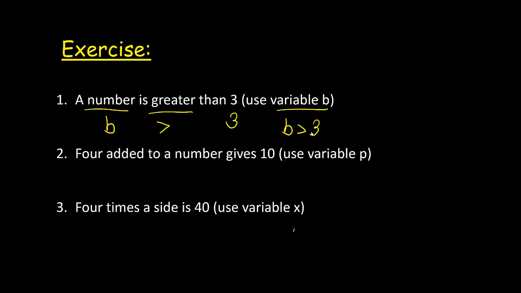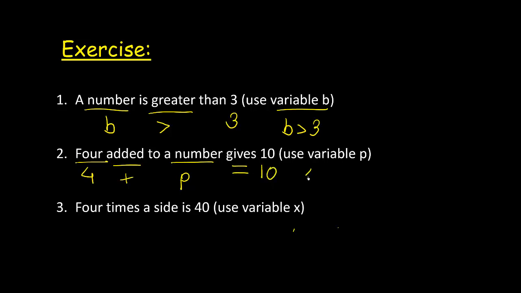Now the second one we have: 4 added to a number gives 10. Use variable p. 4 added to a number, well, we don't know the value of it, so it's going to be p, gives. Now over here, like in the examples we used is for the equals, but here we have gives, and it is still equal, so both of them have the same meaning. Gives 10.